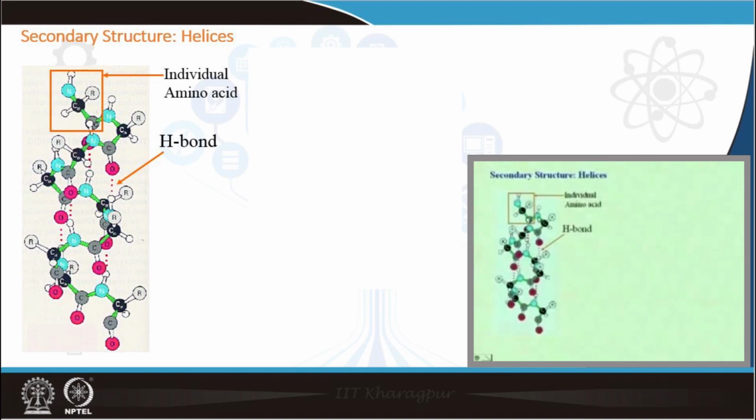The nitrogens are in blue, the oxygens are in red, and these are the R groups that are in gray, circled in gray here. So I have my nitrogen here. What is this? This is my C alpha, because I have the R group connected to it. This is my CO. So I'm going from the top down. Why?